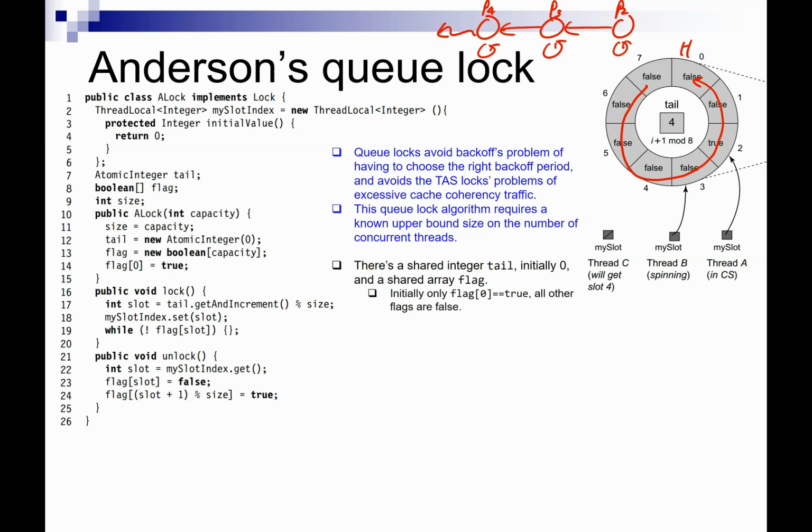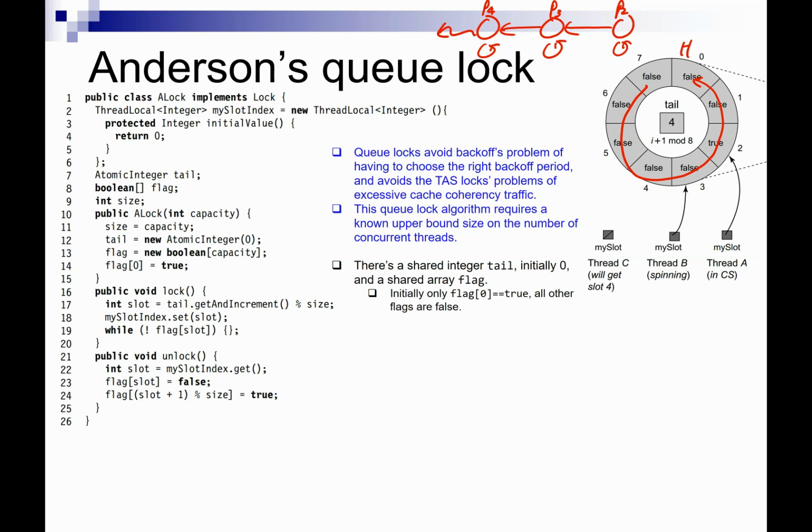In this array, all the values are Boolean, so they're either true or false. There's always exactly one true value, and the true value is basically the head of the queue.